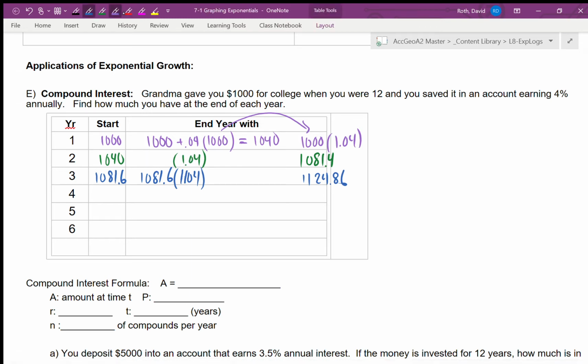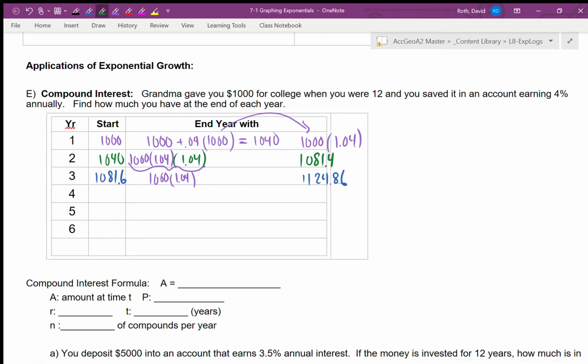Now, the part gets clever here when you're saying, hold on a sec, 1040. That was the same as my original 1,000 times 1.04. And this 1081.6 here, let me rewrite all of that. 1081.6 is the same as all of this stuff. And I'll just write it like it was originally, 1,000 times 1.04, which got me 1040.